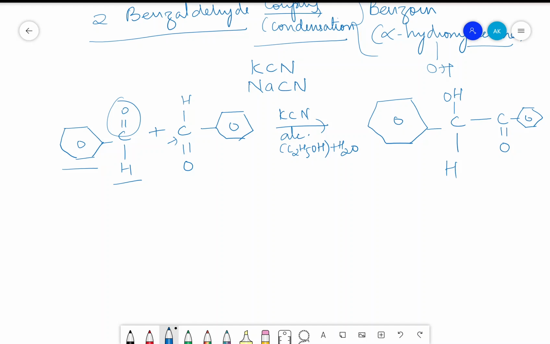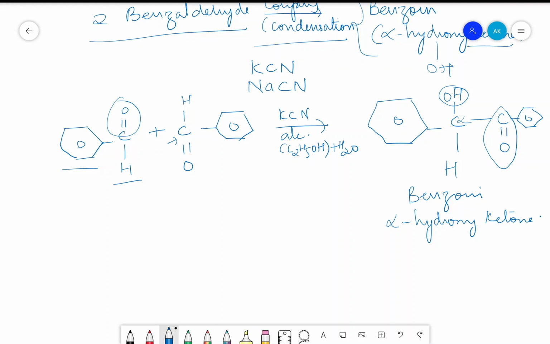So this compound is our benzoin. This is a functional group C double bond O, that is ketone. This is the alpha carbon. At the alpha carbon you have an OH group, and this is also represented by the name alpha hydroxy ketone.